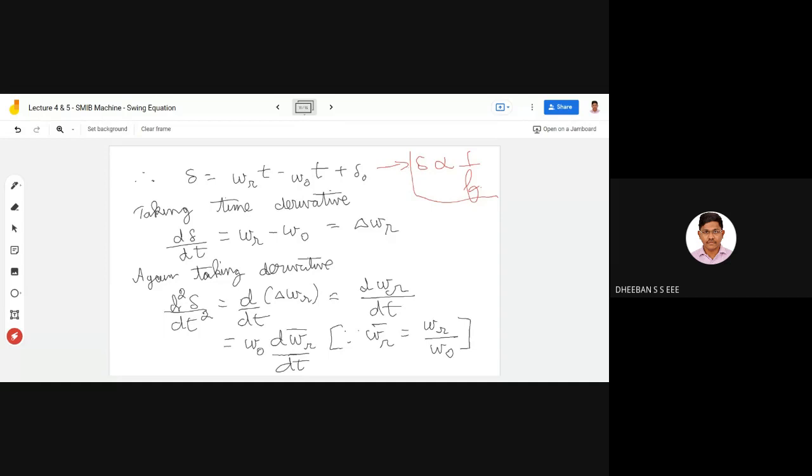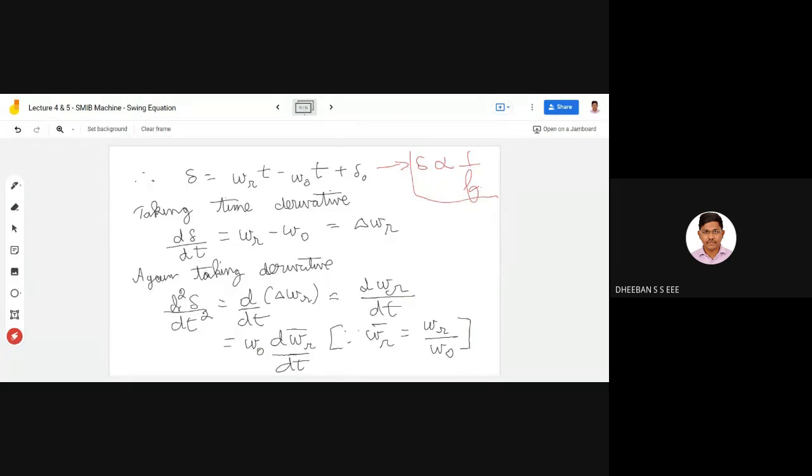here you can see your omega r dash can be represented by omega r by omega naught. So this omega r will be replaced with omega r by omega naught, and hence you will be getting the value like this, omega naught into d omega r dash by dt. So with this you can easily get the value of d omega r by dt.